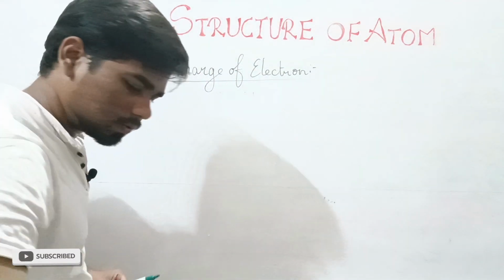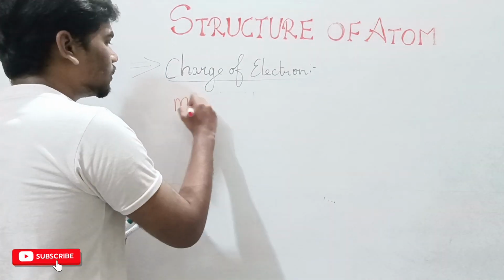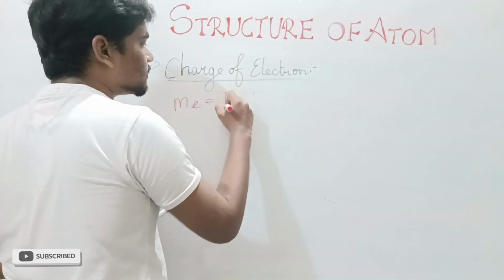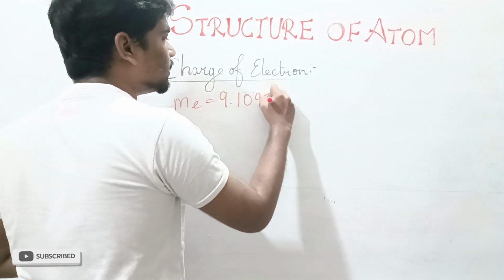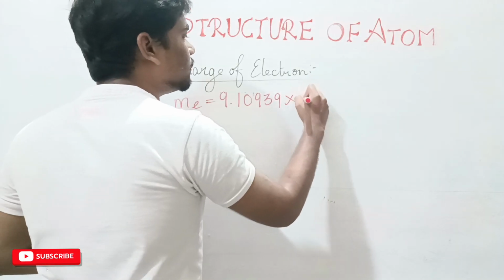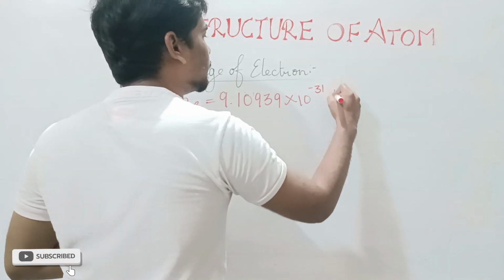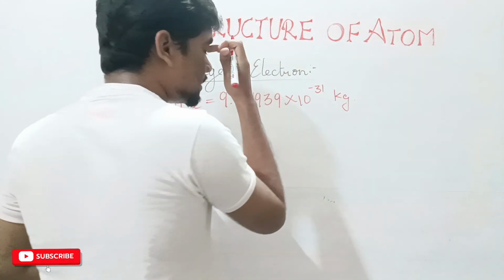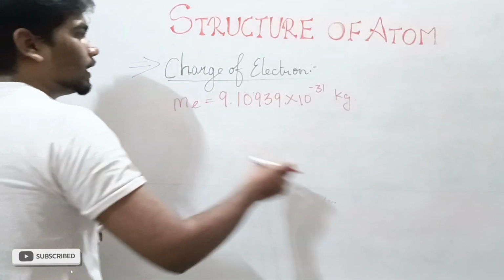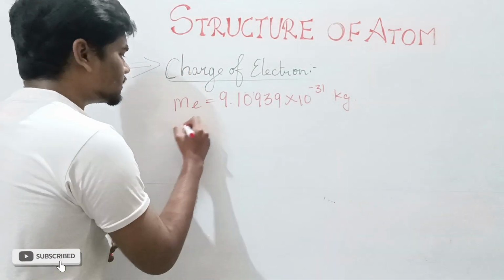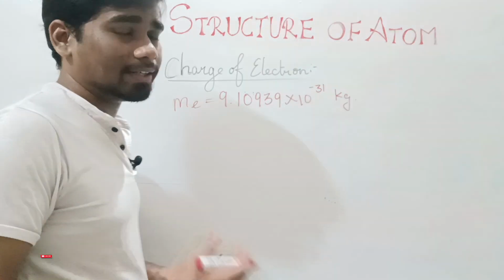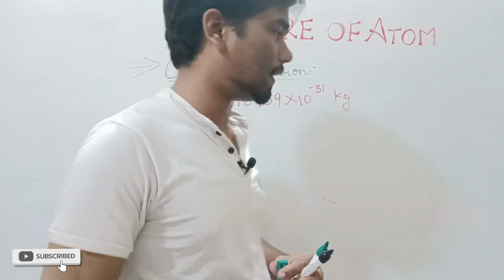So now you know the mass of electron in terms of kg as 9.10939 into 10 to the power minus 31 kg. This is the mass of electron in terms of kg. They also ask for the mass of electron in terms of the mass of hydrogen atom.